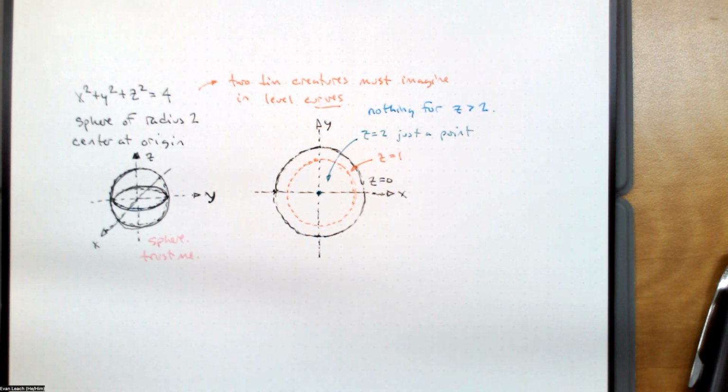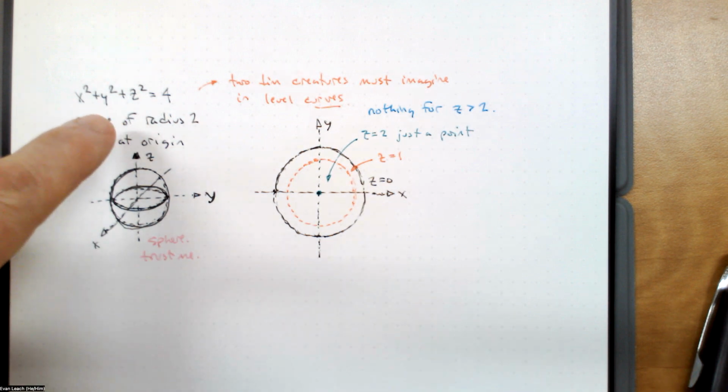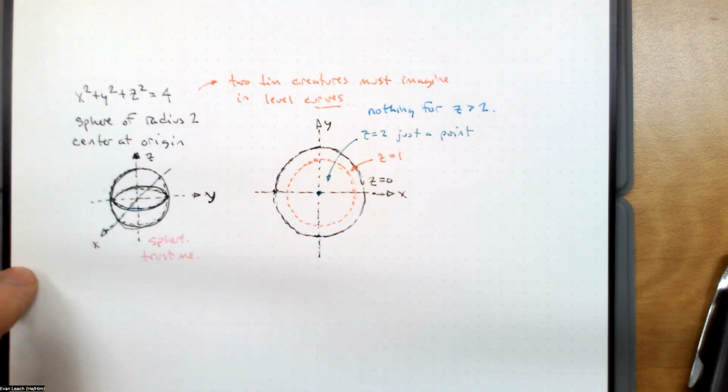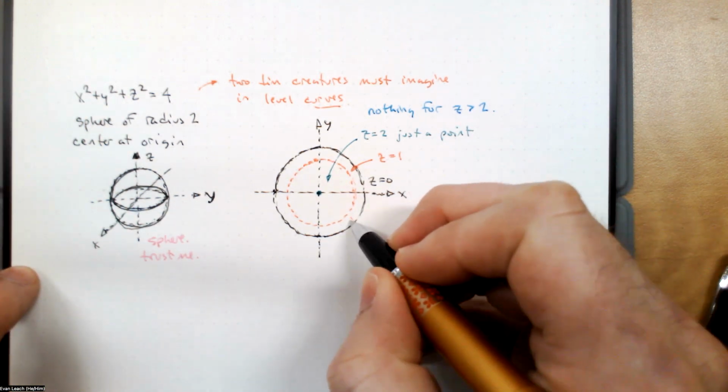Then we can also go down the other direction. Z equals -1. We notice they can still perceive that symmetry at Z equals -1. We see the same circle as at Z equals 1. Then we look at the equation and say, yeah, there's that Z squared, turning negatives positive. So that's also Z equals -1.